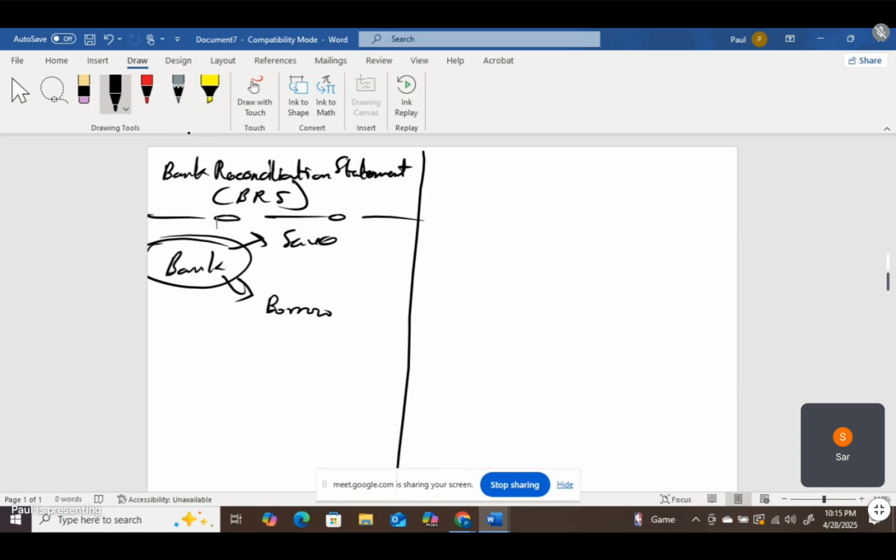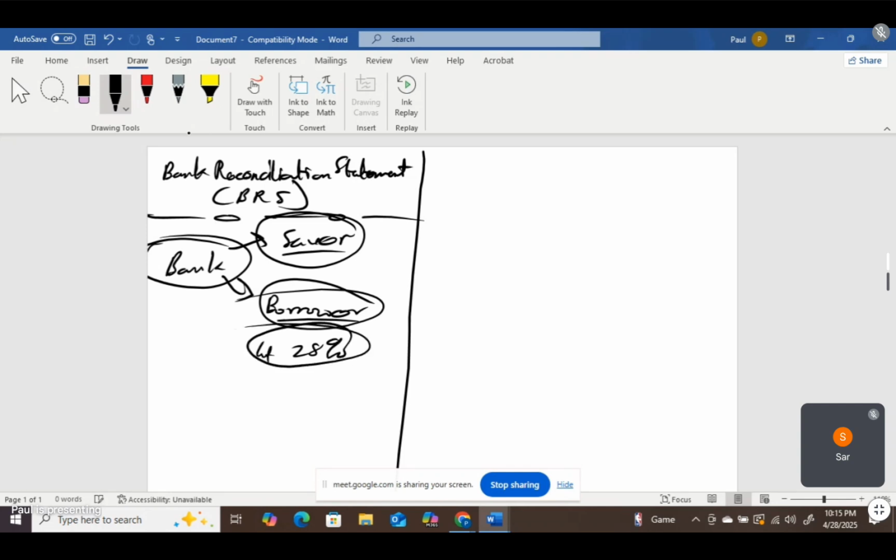Now, its function is just to take money from savers of funds and give it to borrowers of funds. That's what banks do. They take money from savers, they rechannel it to the borrowers at a fee, which is mostly an interest rate.